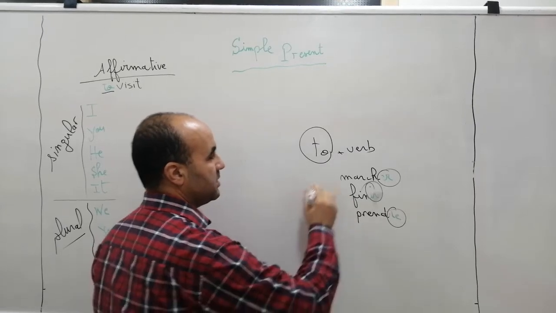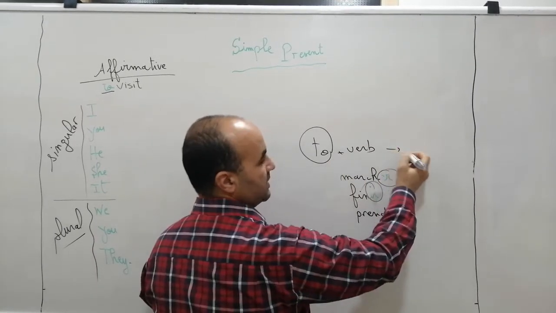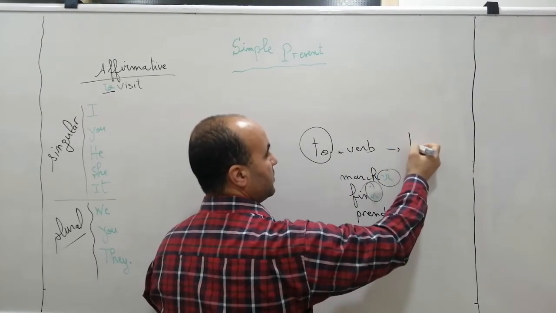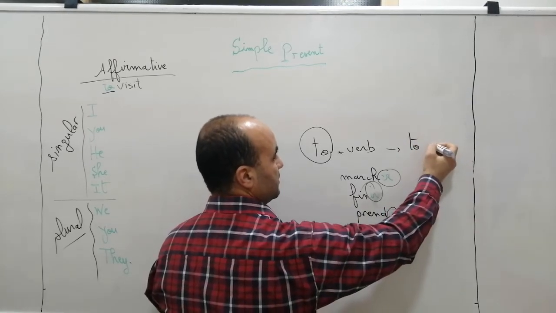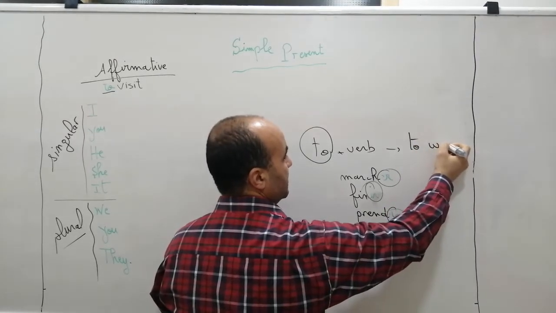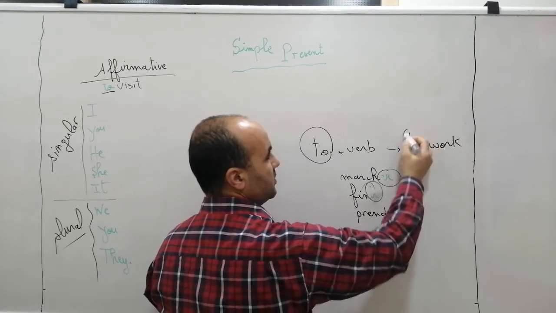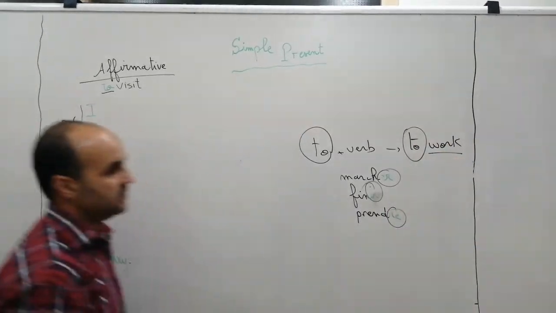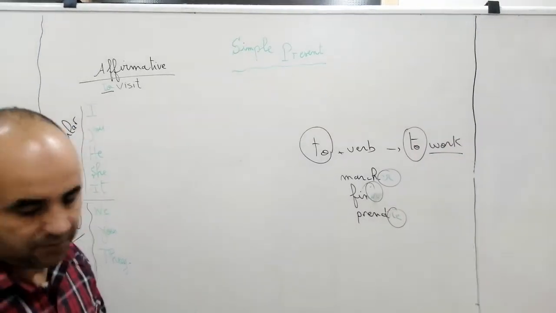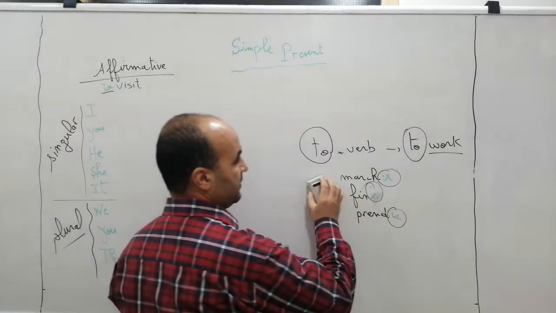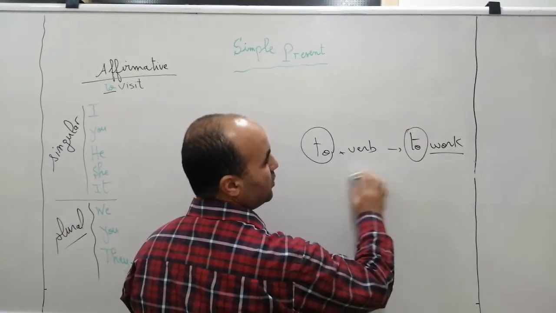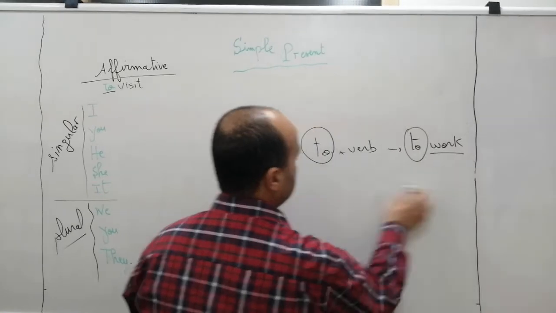The English language, you know, we have the infinitive, it's the beginning. We have to, for example, work. To is for infinitive. Just to give you an idea about the infinitive. And sometimes we put the verb without.